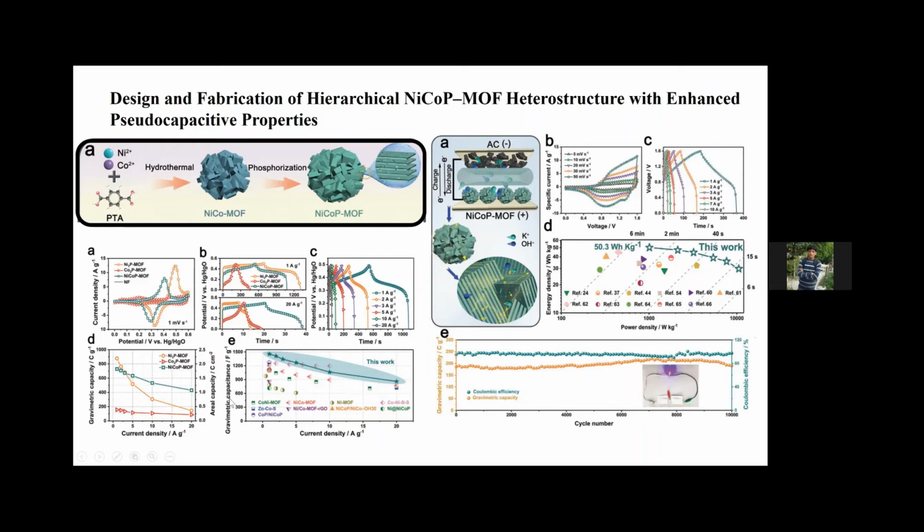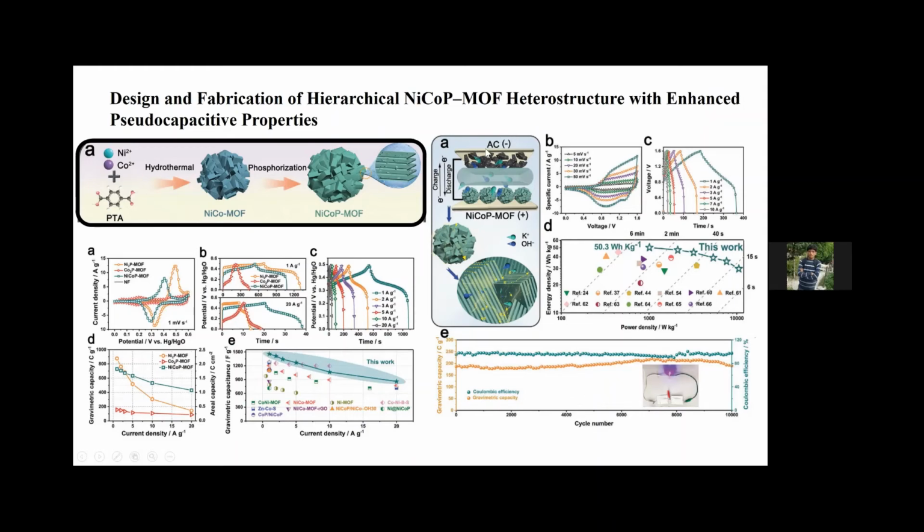Here it is called the gravimetric capacitance, that means farad per gram, or a mass specific capacitance, related to how much material we deposited. We can see they achieve a specific capacitance value around 1,500 farad per gram.